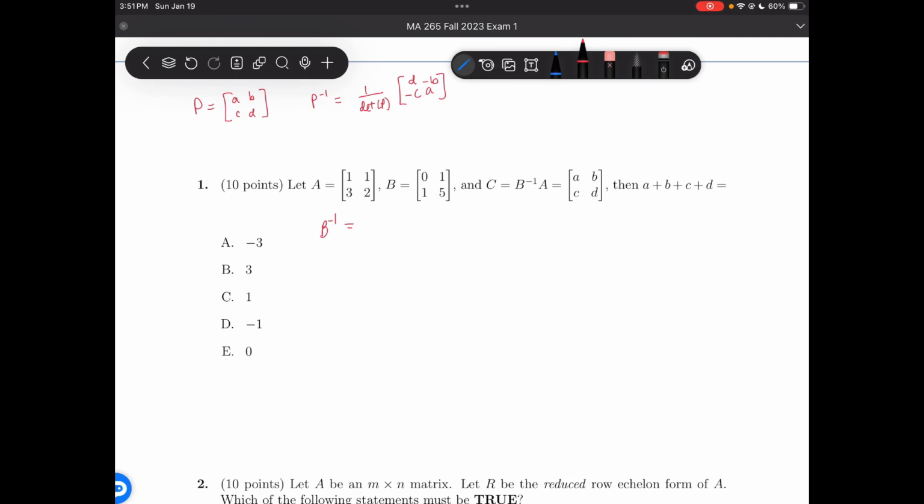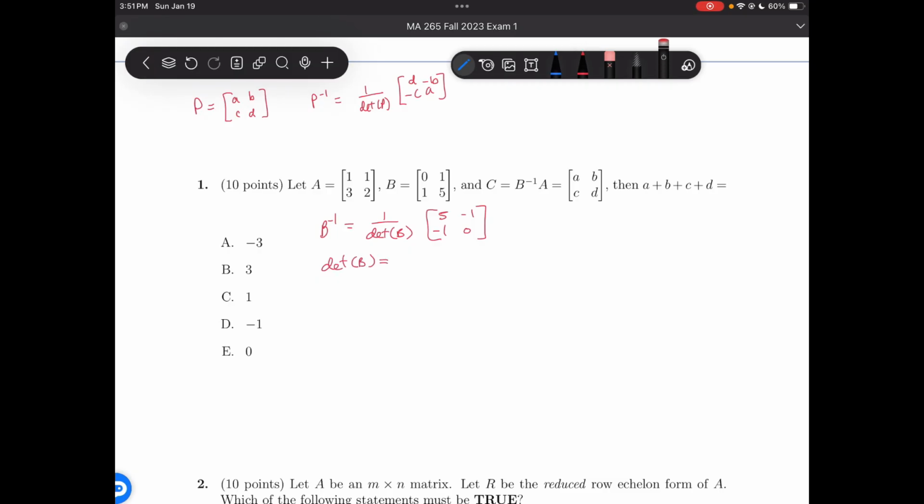Okay, so that means that the inverse of B will equal 1 over the determinant of B times 5, negative 1, negative 1, 0. And the determinant of B, we calculate that.